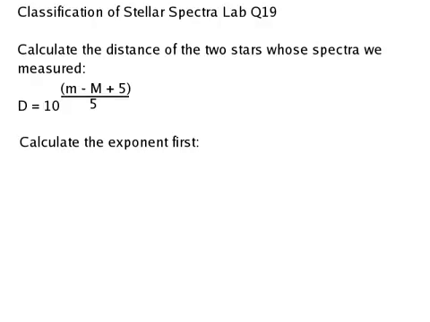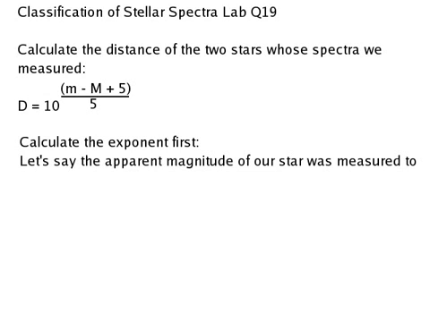And for example, let's say the apparent magnitude of our star was measured to be 7.34.